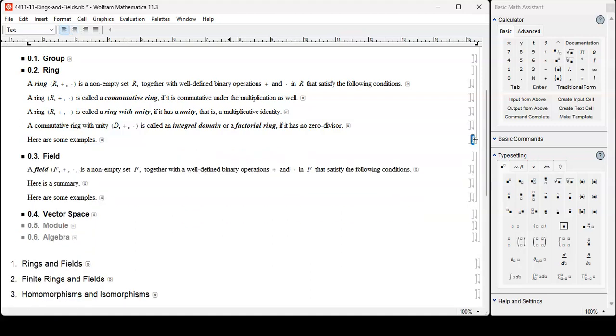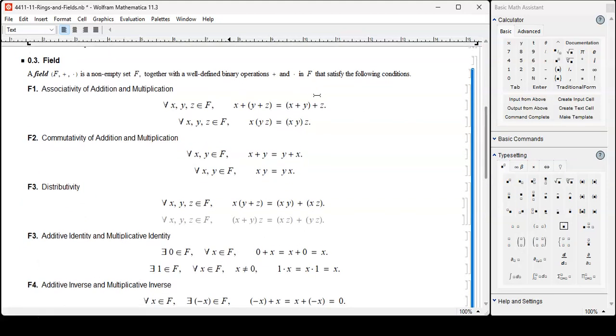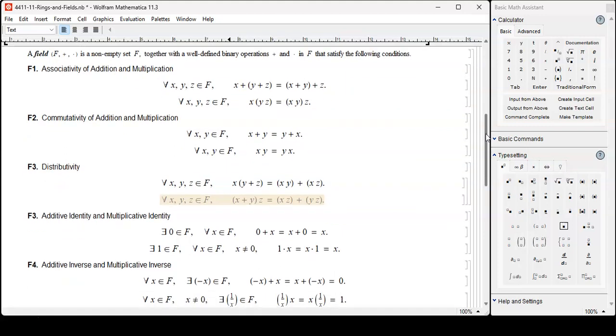All right, we went through rings, but one thing that is completely missing about the rings is the multiplicative inverse. If you have the multiplicative inverse as well, that thing is called a field. So we have the associativity for both multiplication and addition, commutativity for both of them, and distributivity for both of them, and in this case, due to the commutativity, the second is unnecessary.